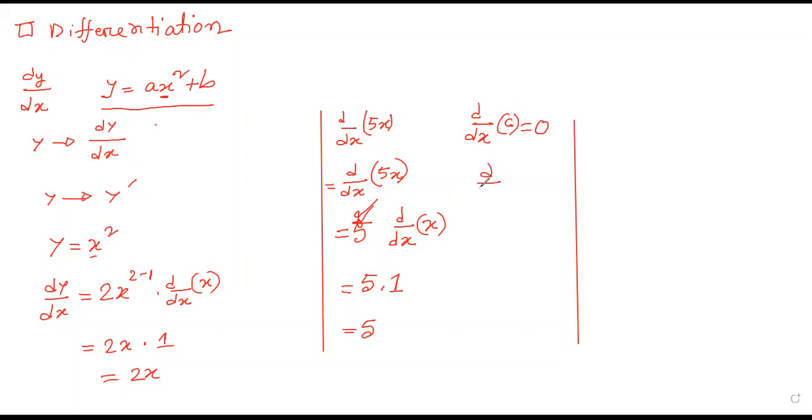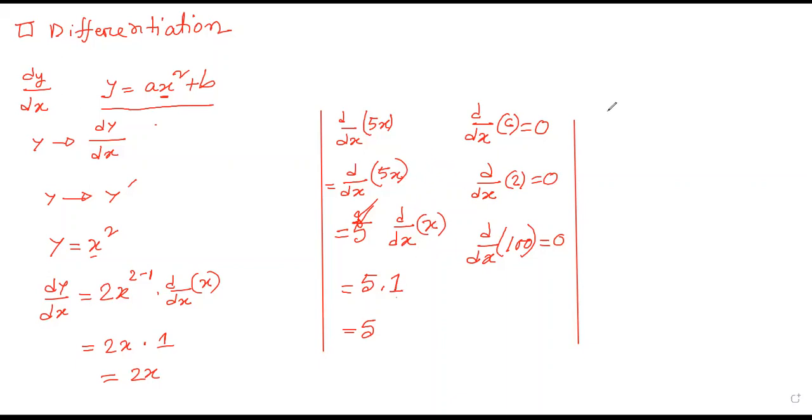So if we differentiate 2, it will be 0. If we differentiate 100, what is the number? Doesn't matter. If it is a constant, the differentiation of it will be 0. So these are the rules. If we differentiate x, only the variable, it will be 1.